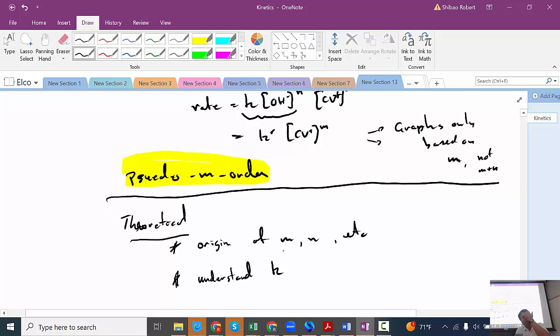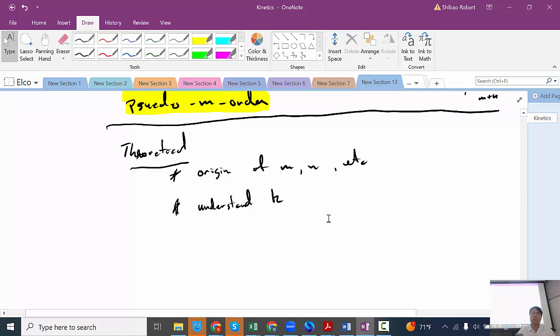So once we have the laws already, the equations, then we start to think about some kind of hypothesis and some kind of theory. Well, somebody's already done that. And so we're going to get into the theoretical analysis and try to figure out where M and N come from. The origin of M and N comes from something called the mechanism of the reaction.